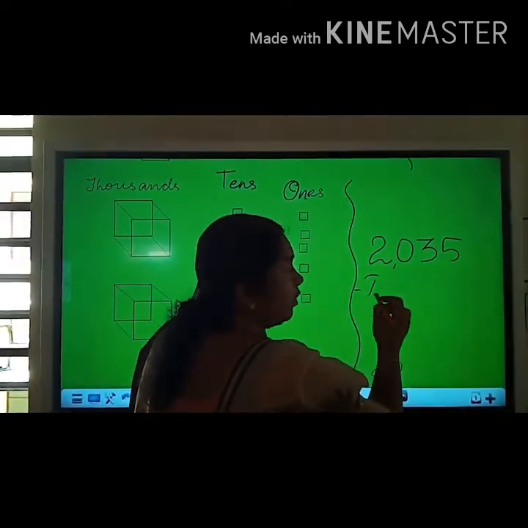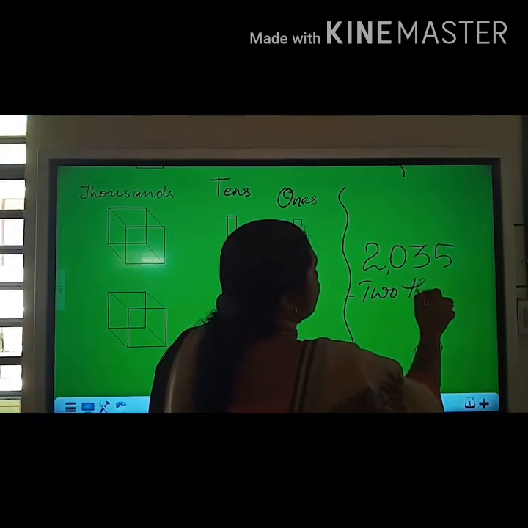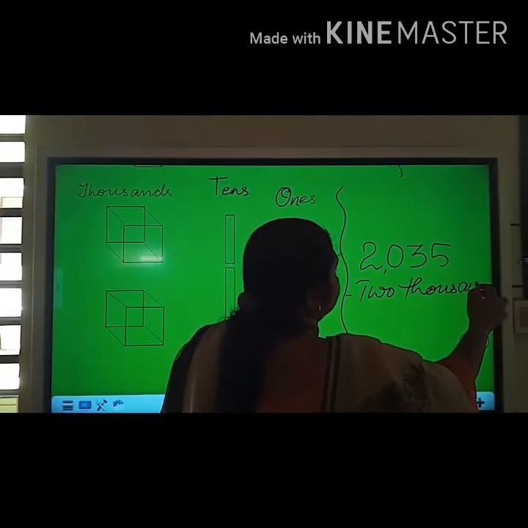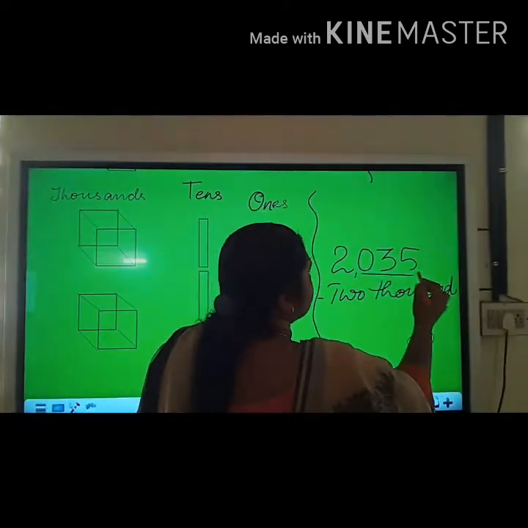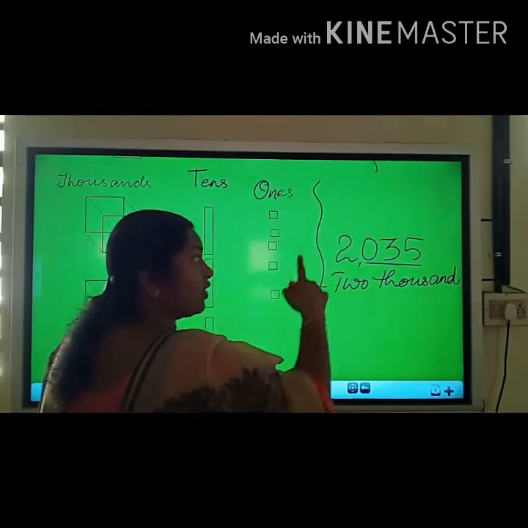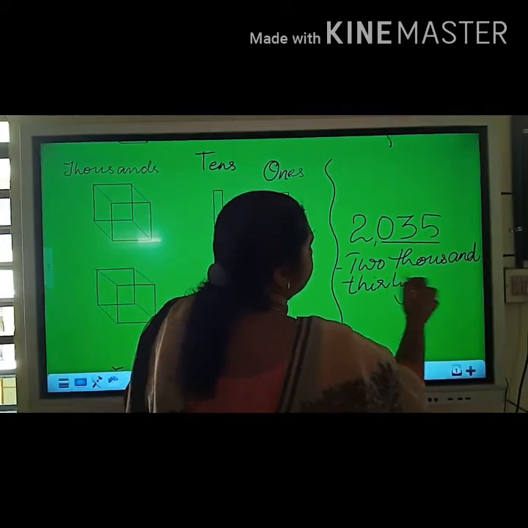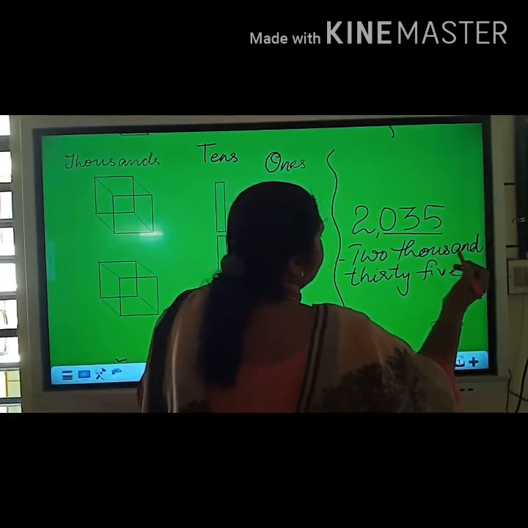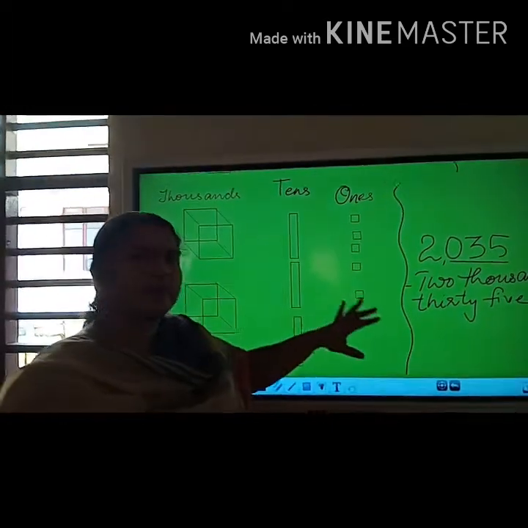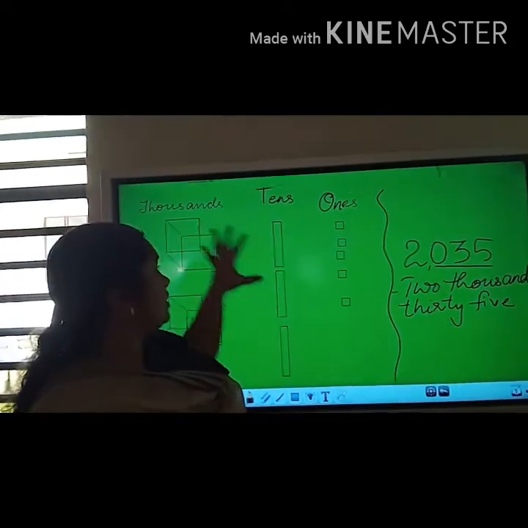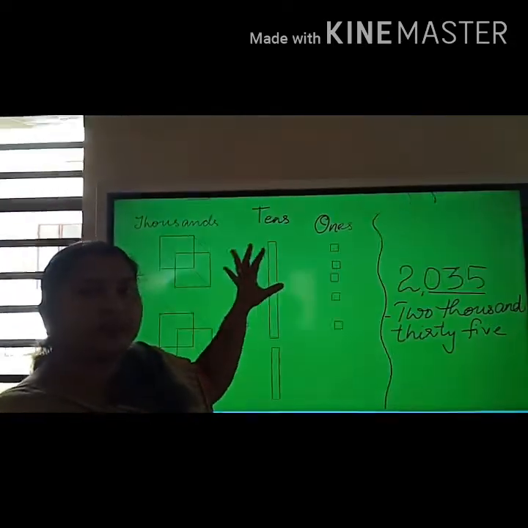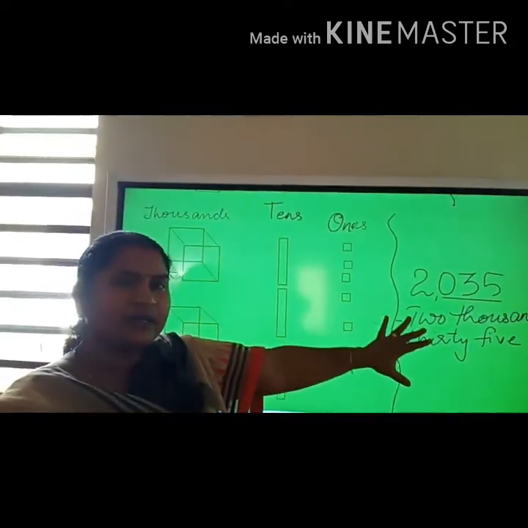Yes, after putting the comma, 2,035. How will you read this? 035, that is simply 35. So is it clear, children, about the pictorial representation of the places and the number?